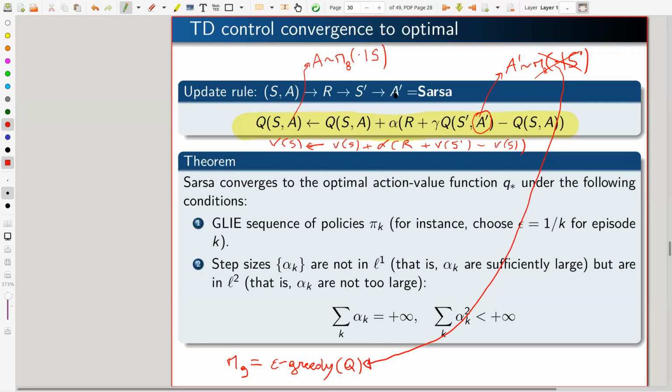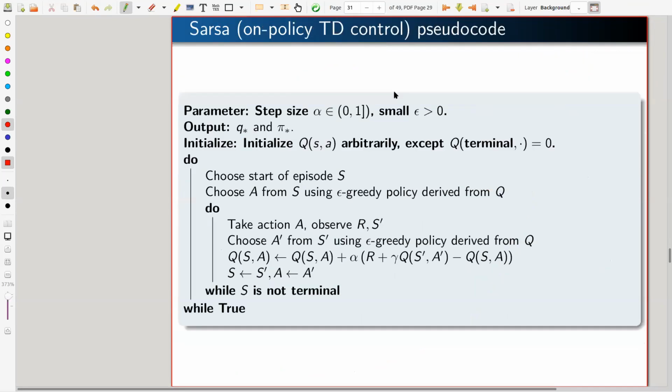Maybe I can show you the next slide. Maybe here it is more clear. You see, you take action A, observe what happens, the reward and the next state, and then you choose an action from this next state. And when I say choose an action, I must specify which policy you are using.